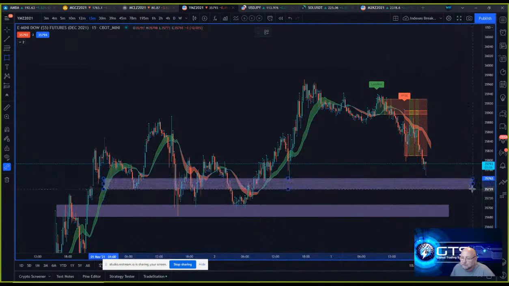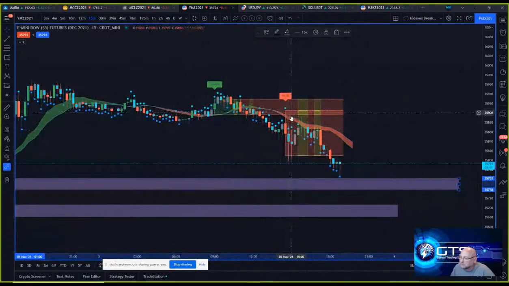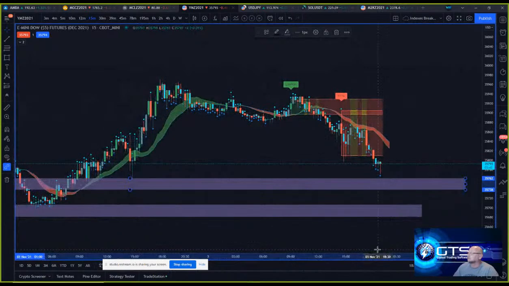The sort of zone here where we've got pivot here, massive rejection there. So the risk reward wasn't fantastic. When you look at the size of that opening range to that next support, that's why I didn't go in. So that's why we wouldn't trade that one.